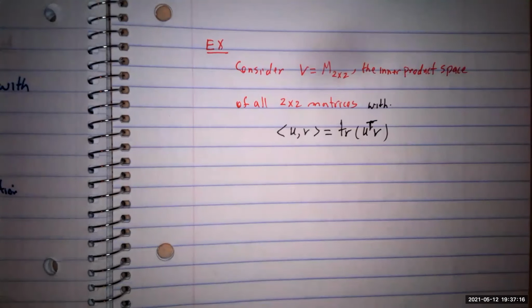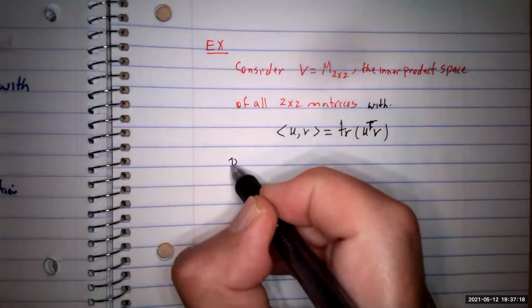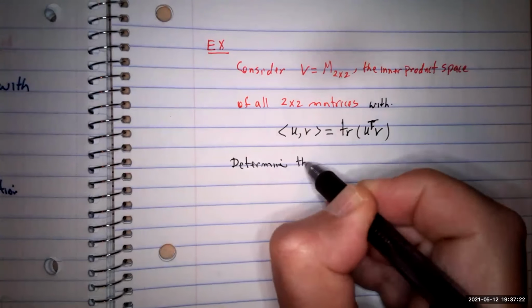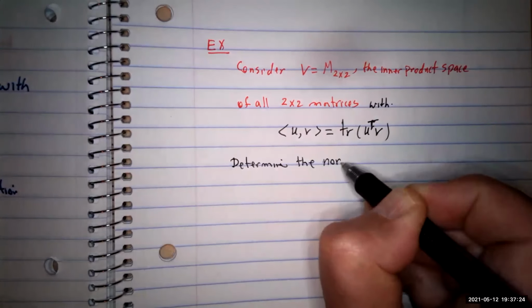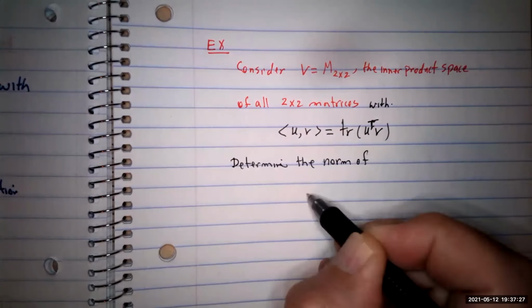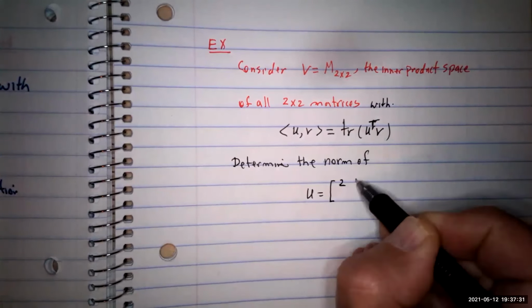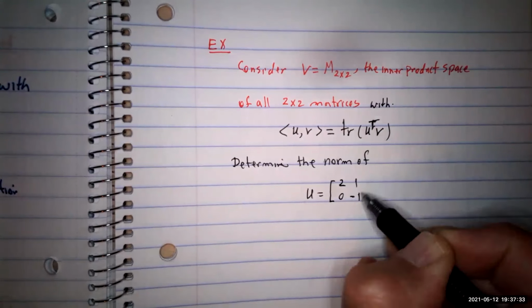What we'd like you to do is determine the norm of this matrix U equal to 2, 1, 0, and negative 1.